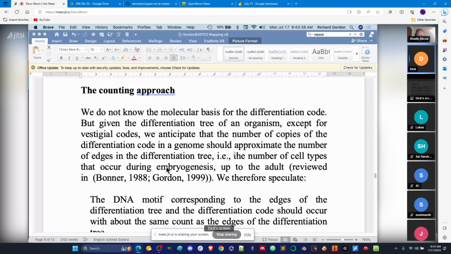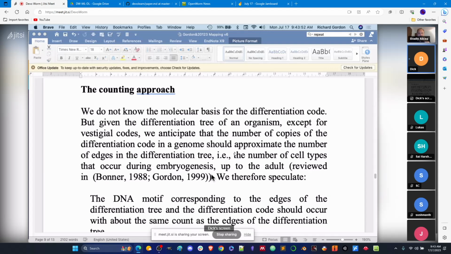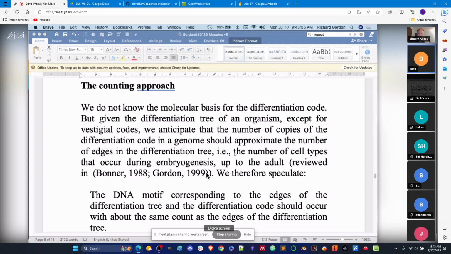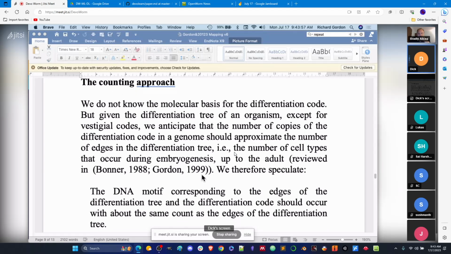So if you can find a motif that corresponds to the number of edges of the differentiation tree, in other words, the number of cell types, then you may have the right thing. And I looked it up, and the number of cell types is far lower than the number of repeats of repetitive DNA, which typically go into the hundreds of thousands.